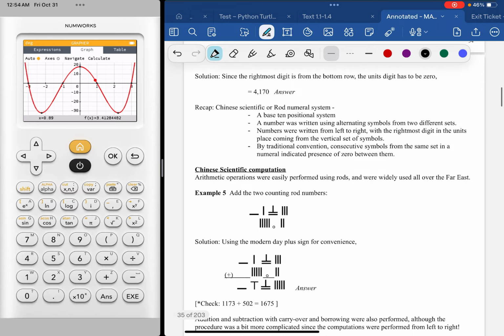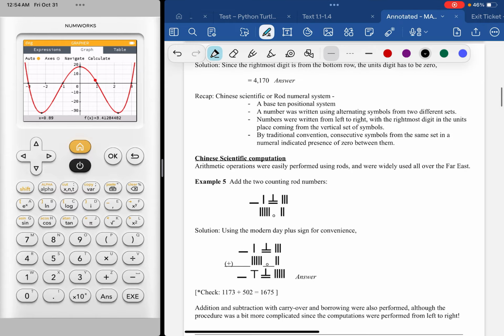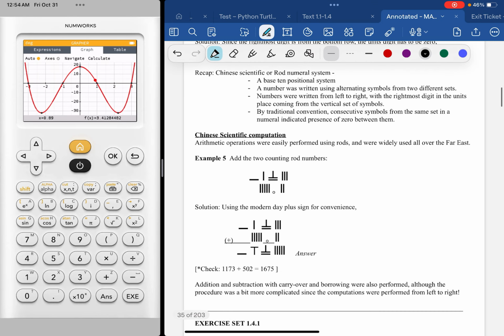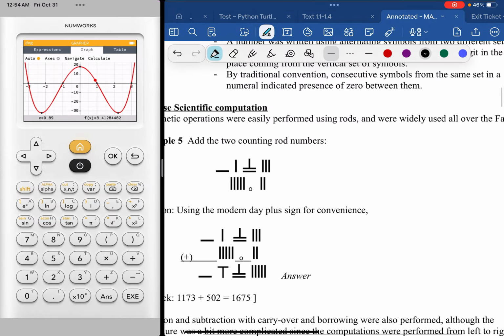We could also do computations. The computations aren't really that crazy as long as you can match up the different places. Depending on how it's presented to me, I might rewrite it just so I have my places matched up.